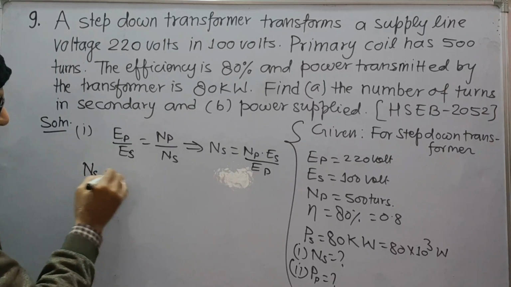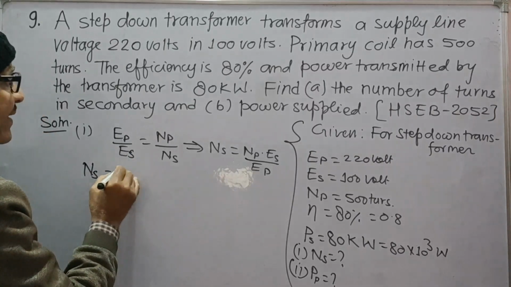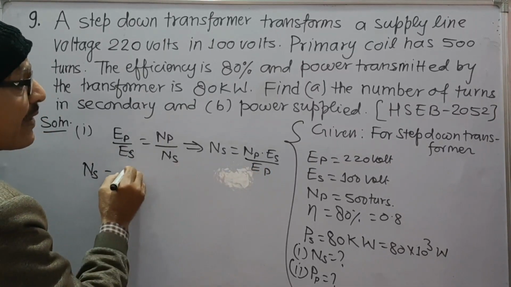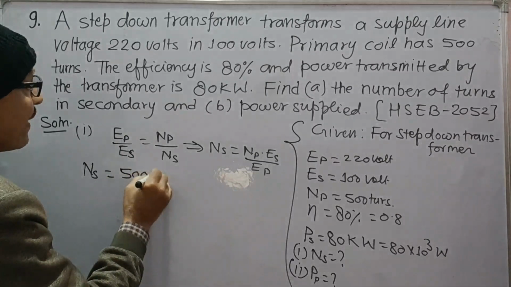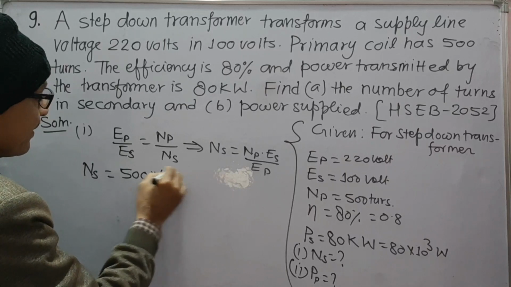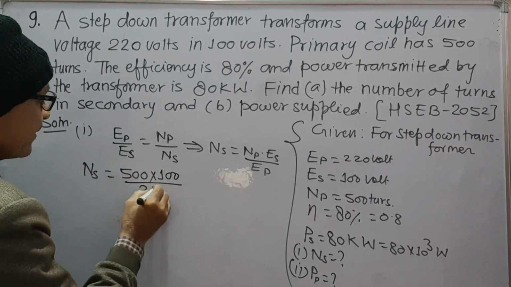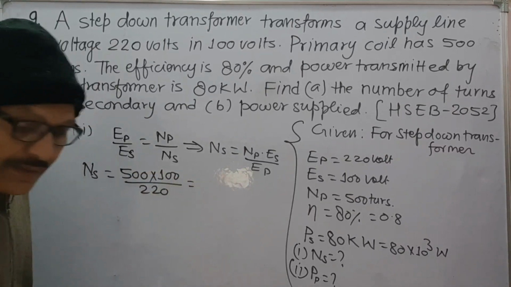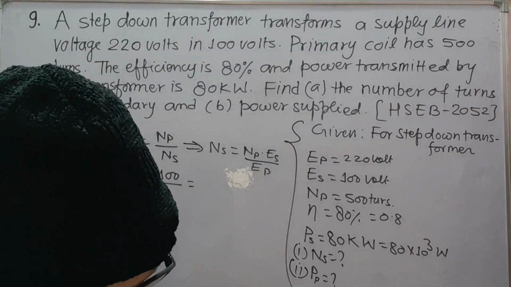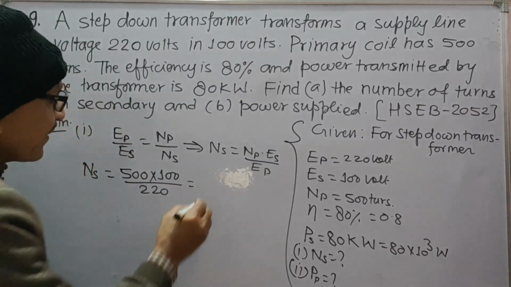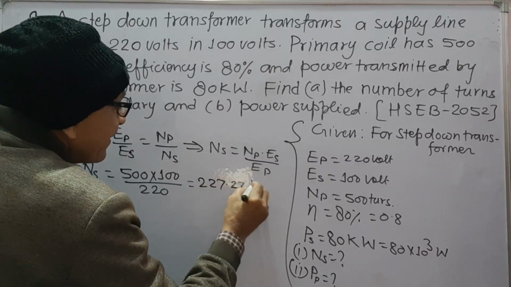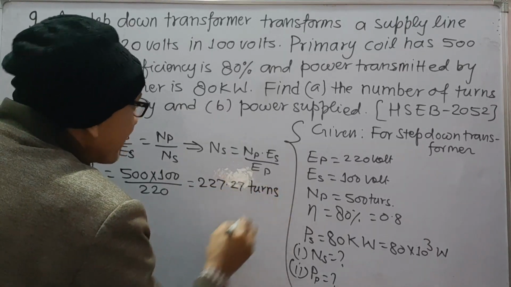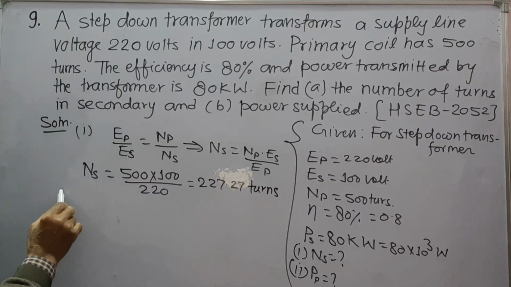NS will be equal to number of turns in primary 500, ES 100, EP 220. So we get 227.27 turns in secondary.